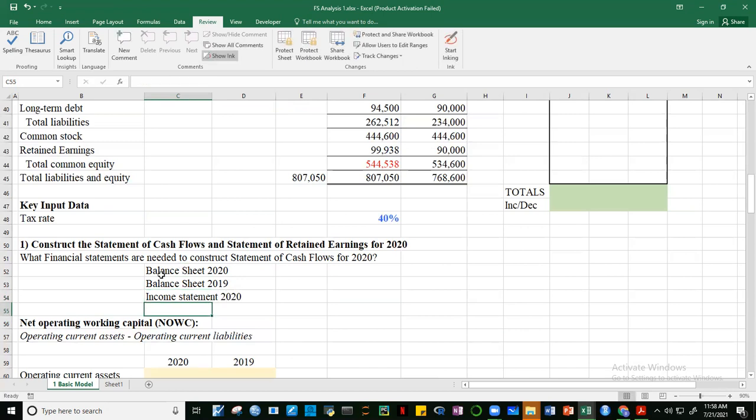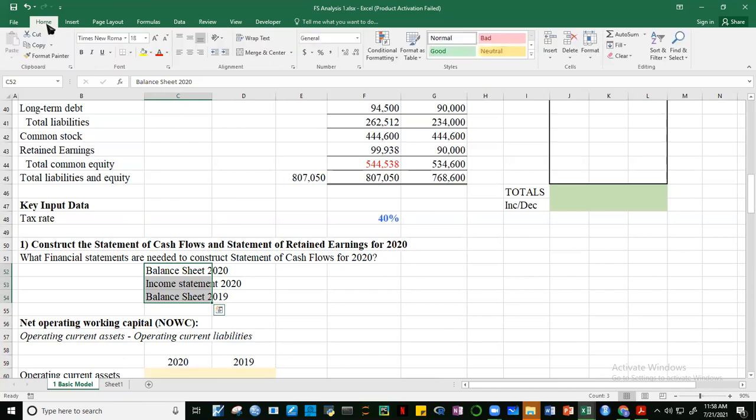All right, so these are the three financial statements that you need. You need the balance sheet and income statement of the current year, and then the balance sheet of the prior year. Okay, so we need these three financial statements in order to construct our statement of cash flows.